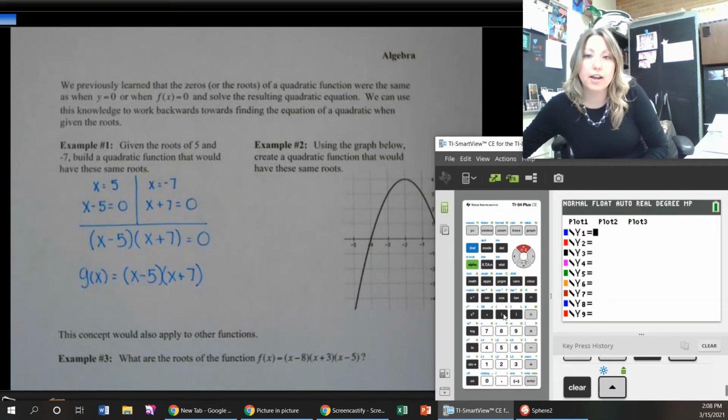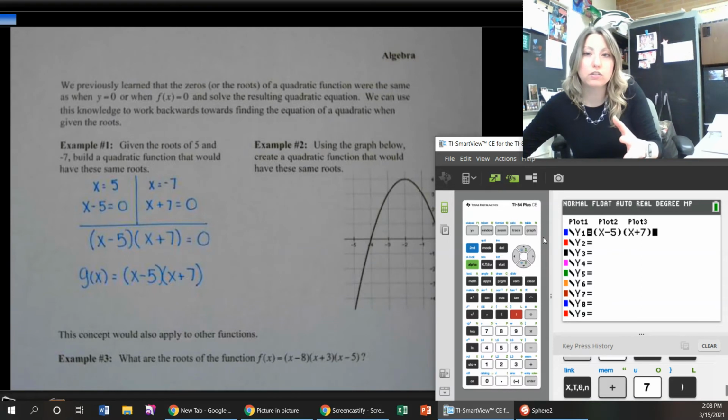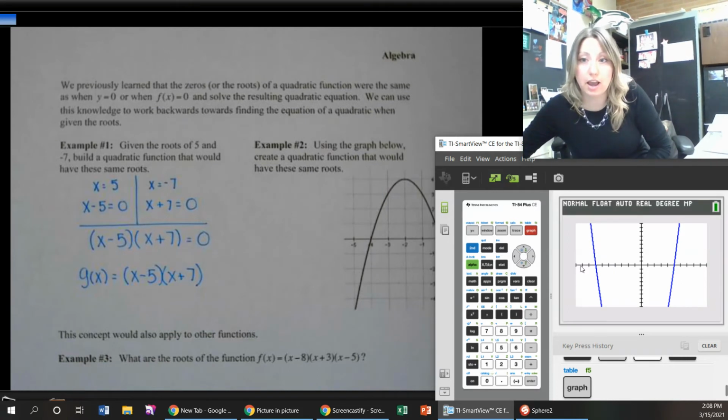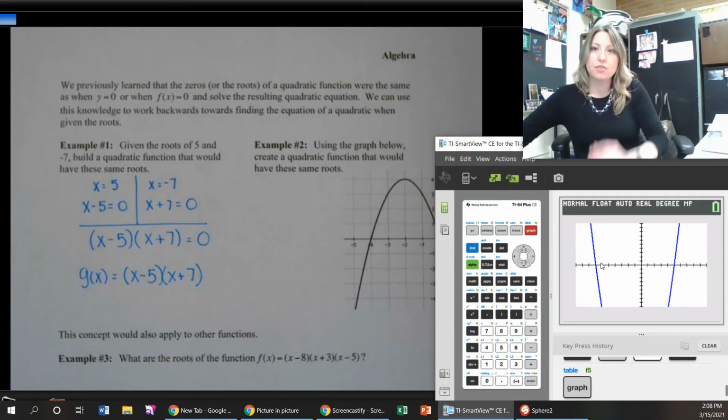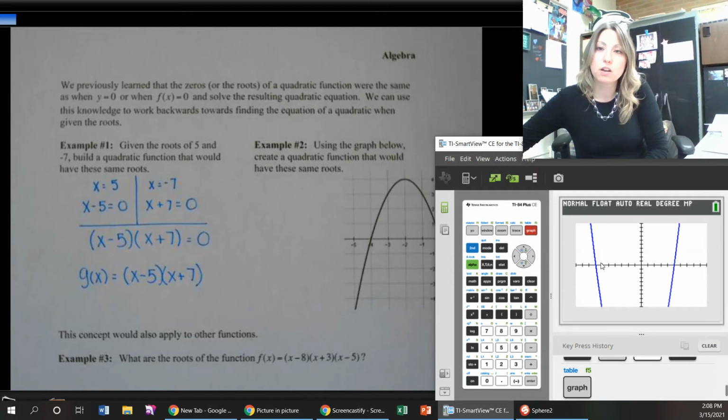I cleared out what I already had in there. (x minus 5)(x plus 7) should have roots at 5 and negative 7, meaning it touches and crosses the x-axis at 1, 2, 3, 4, 5, and 1, 2, 3, 4, 5, 6, negative 7. There you go. We built the right equation.